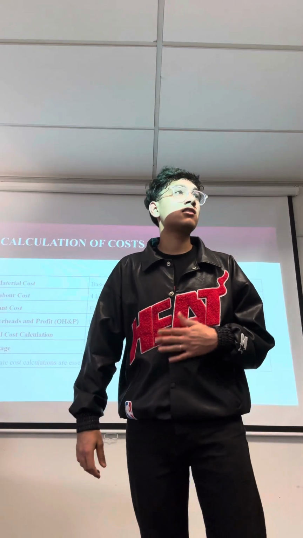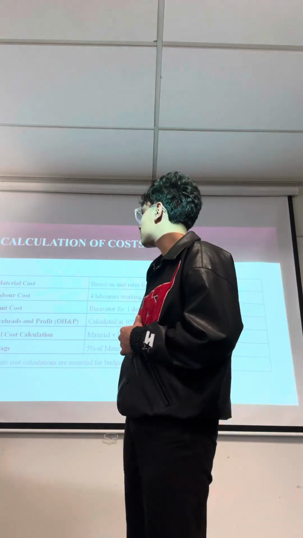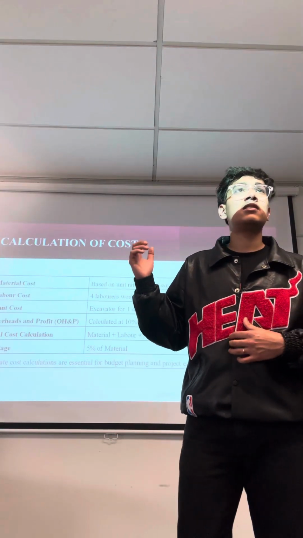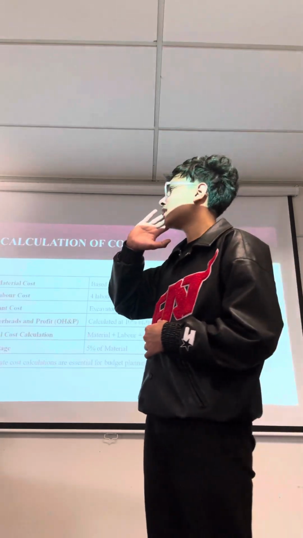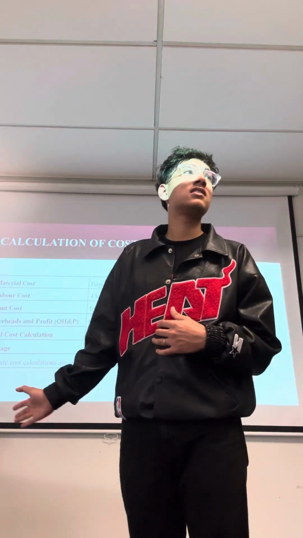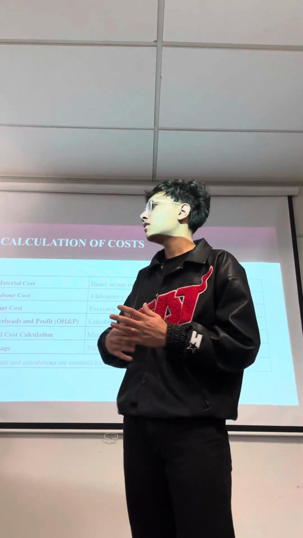I'm sorry, I didn't get the question, sir. How do you build up the rate? What are the components you have to build? We can build the rate by the material cost, labor cost, plant cost, etc. What else? Overhead and profit also.